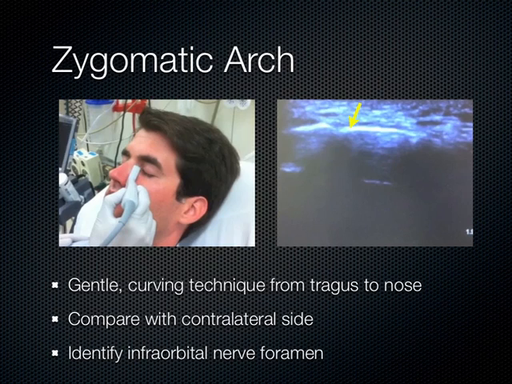The bone is very hyperechoic, and we can easily see the shadowing coming down here in the lower field. And basically, you just slowly scan along from the tragus to the nasolabial fold, where you're going to see the maxillary process of that zygomatic arch.